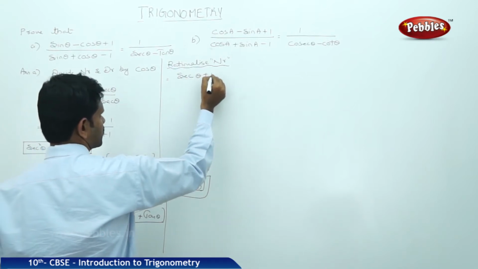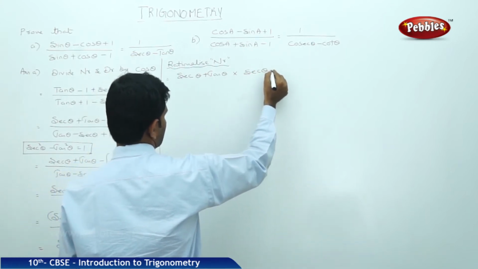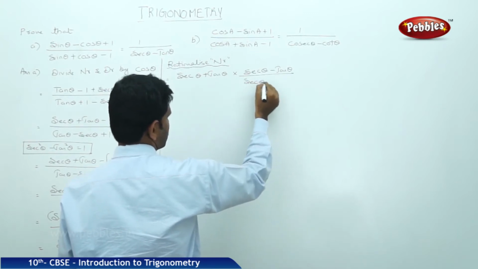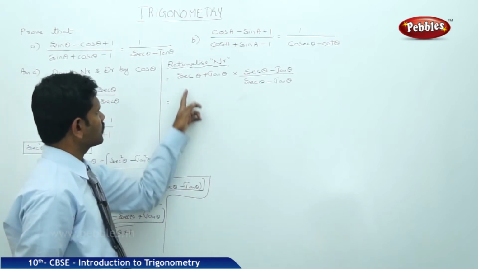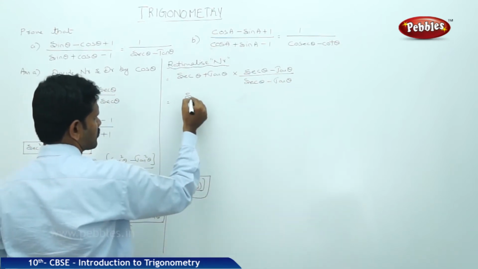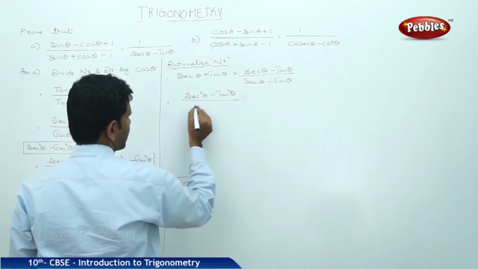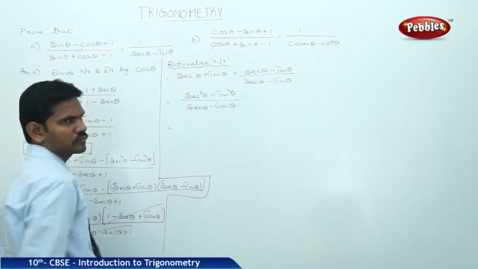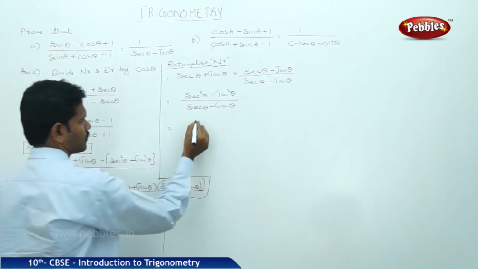secant theta plus tan theta into secant theta minus tan theta by secant theta minus tan theta, that is a plus b into a minus b, that is a square minus b square by secant theta minus tan theta. We know very well secant square theta minus tan square theta is equal to 1.